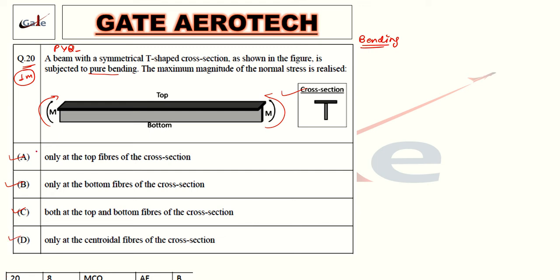They have given 4 options. So they are asking at what section the normal stresses will be maximum, whether top or bottom.